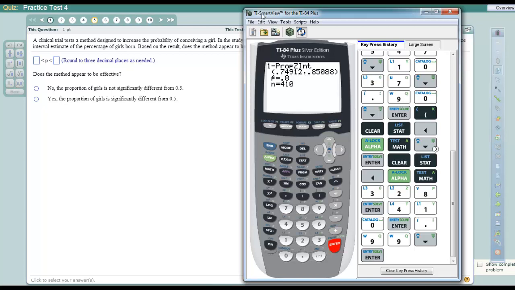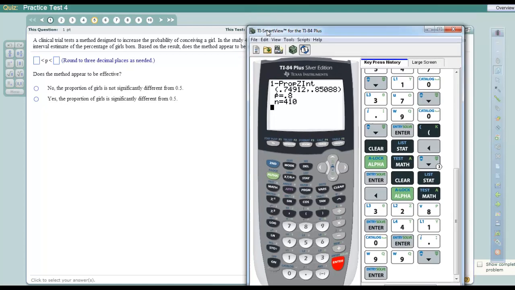Yes or no? P hat's at the very center of the interval. It always will be at the very center. Okay. Is this method effective if you're trying to have a girl? No?